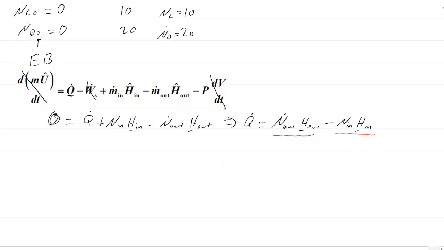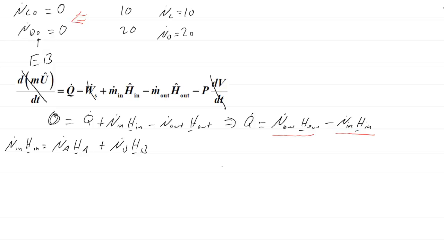Okay, and so to find these, we break the inlet stream and the outlet stream into their components. So if we have a look at the inlet stream to start with, my flow in times the average enthalpy in is equal to the flow of A times the enthalpy of A plus the flow of B times the enthalpy of B. Okay, we'll remember from up here that the enthalpy of C and D at the inlet is 0, so we don't need to include those.